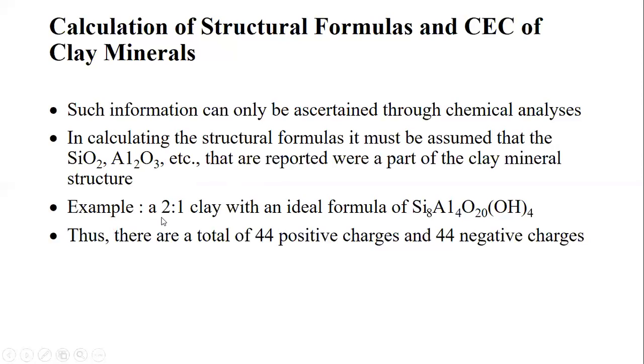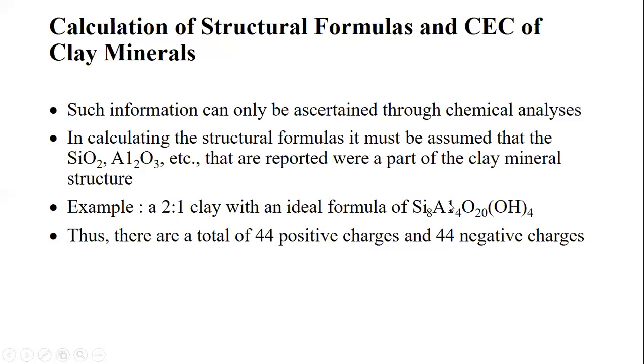Example, so we'll take an example which is the same as in your book. I'll go through the example they gave so you will understand it when you study. A 2:1 clay with an ideal formula of Si8, Al4, O20, OH4. Remember, tetrahedral, octahedral. Remember, 2 tetrahedral sheets, 1 octahedral sheet in the 2:1.